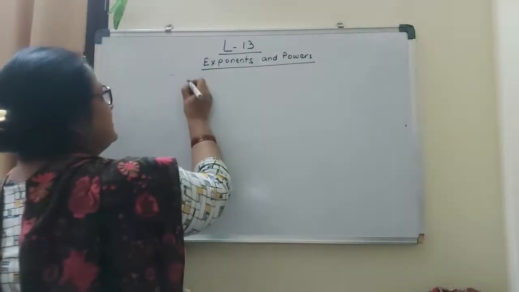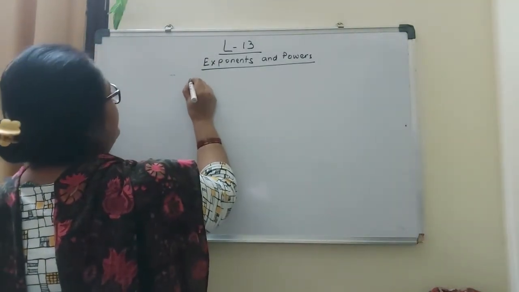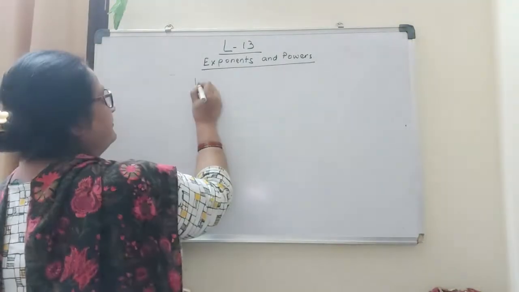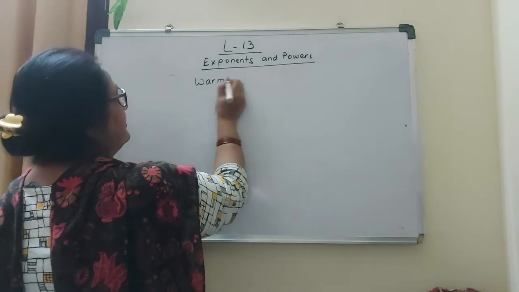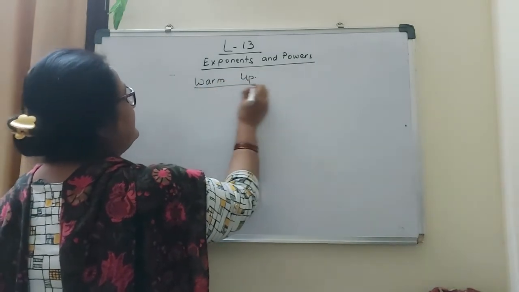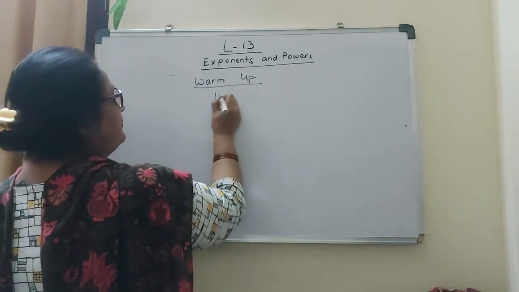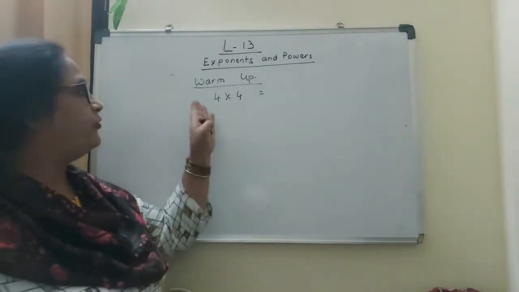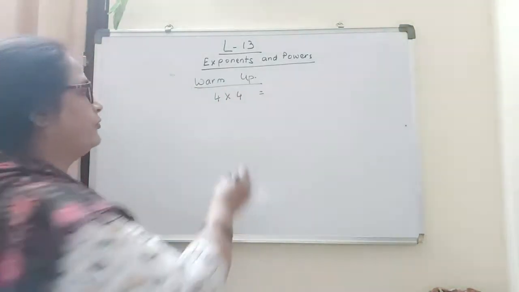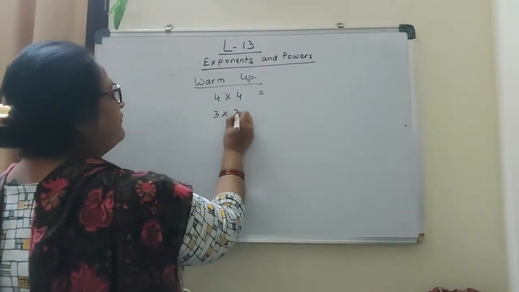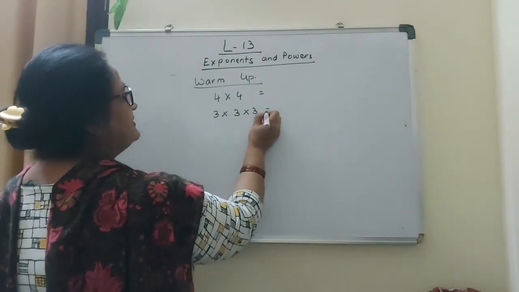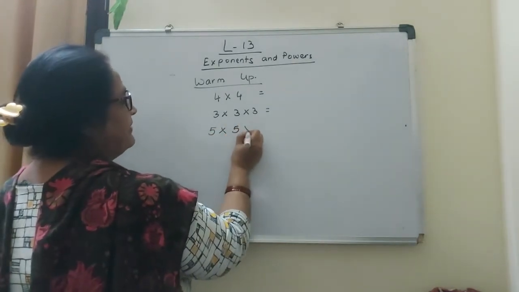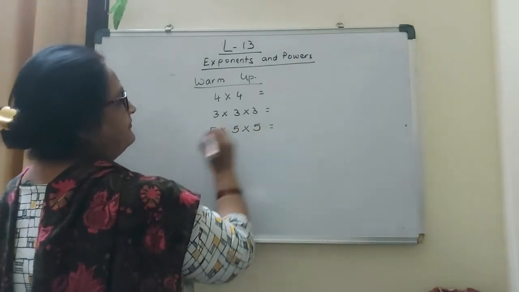Now let us just start with a very quick warm-up. Okay? Now in this, if I tell you, what is the value of 4 multiplied by 4? What is the value of 3 multiplied by 3 multiplied by 3? What is the value of 5 multiplied by 5 multiplied by 5?